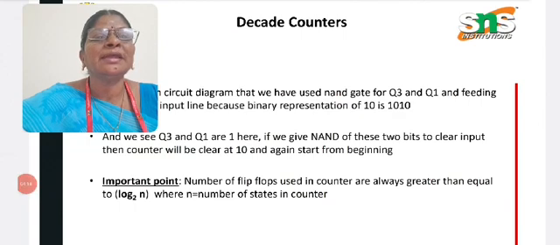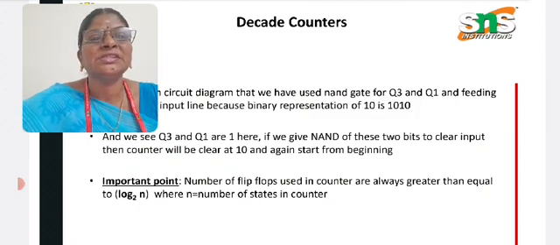If we give the NAND of these two bits to the clear input, then the counter will be cleared at 10 and again start from the beginning. Understood? So all the previous inputs will be cleared and the counter will start from the beginning.